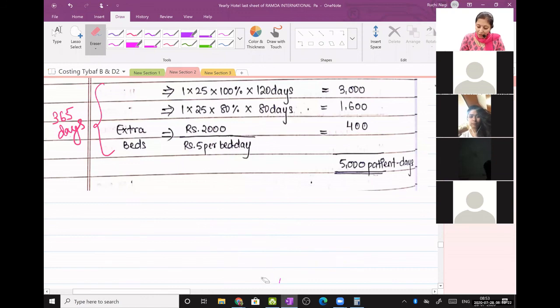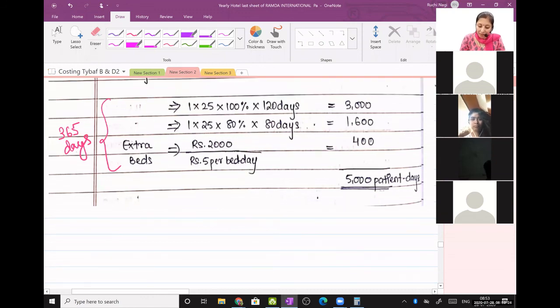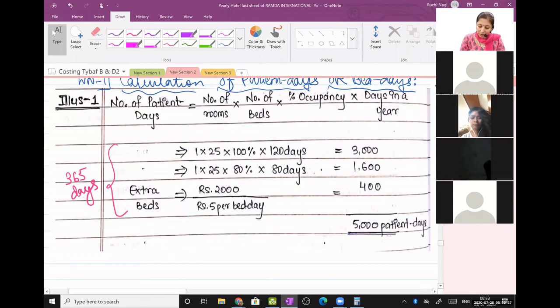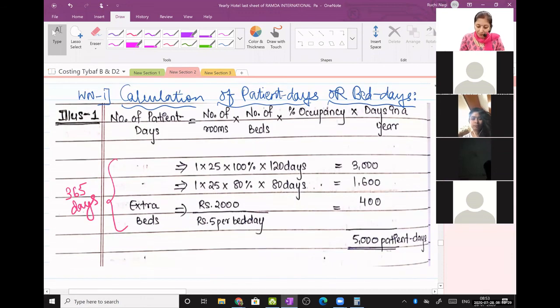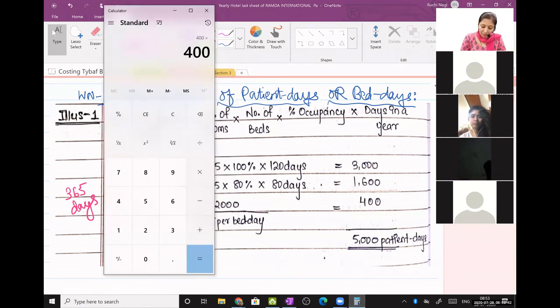So is the calculation of bed days clear to everyone? Calculation of bed days. 3,000 for 120 days, 80 days 1,600, and for the rest extra beds in a year were 400 extra beds. So total it is 400 plus 1,600 plus 3,000, 5,000 patient days.